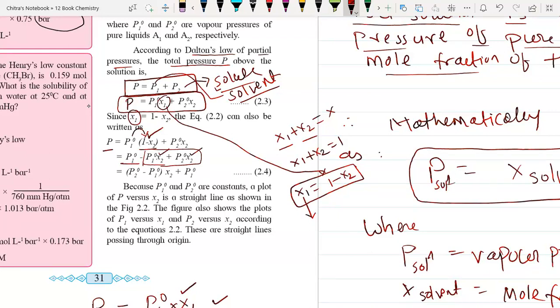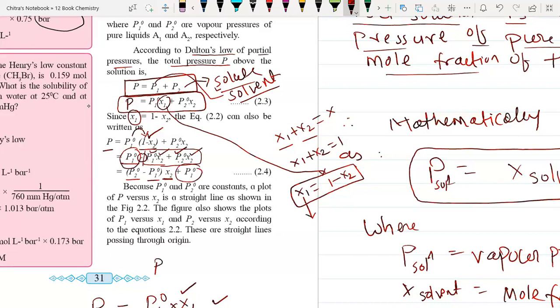Yes, sir. So I have taken x2 common here. Now what is remaining inside? We have P2 minus P10, because it is in minus sign. And the extra term we have here is plus P10. Now this is the formula.